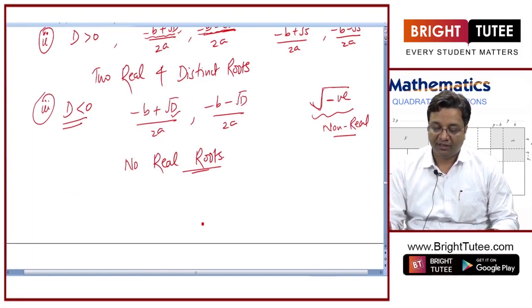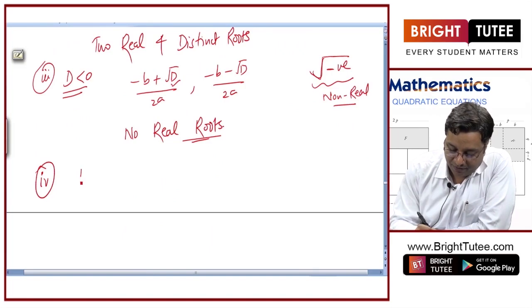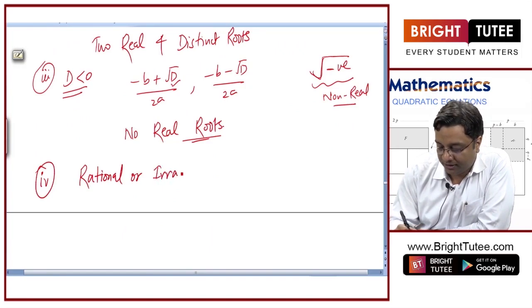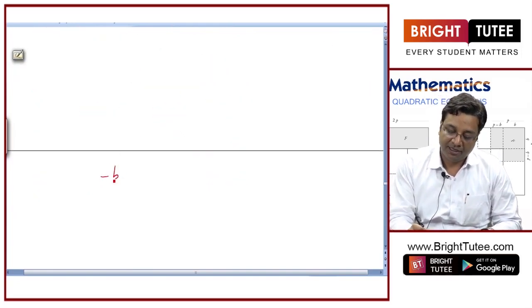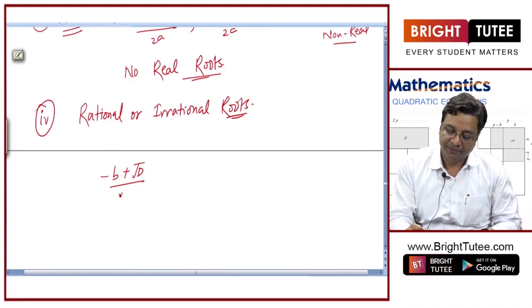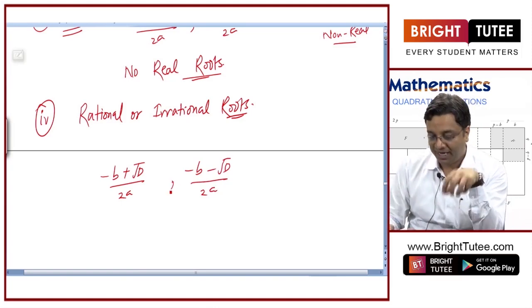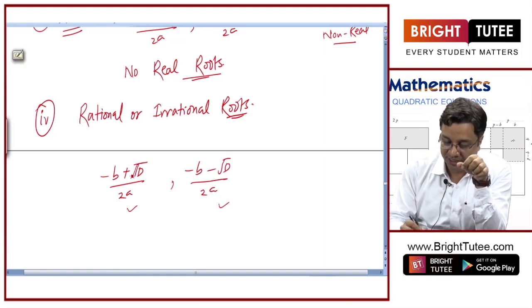We can also define the roots as rational or irrational roots. Let us see when we will have rational or irrational roots. The roots are minus b plus root d by 2a and minus b minus root d by 2a. To make these terms irrational, only this root d will make a difference.